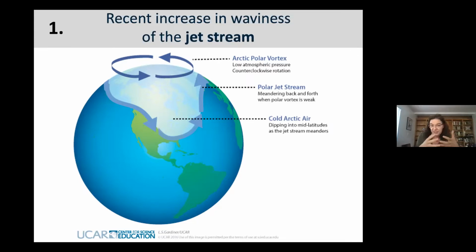We've been noticing these bigger waves, and these bigger waves create climate extremes, so that's why they're important. But not all data and not all model runs support this mechanism of anthropogenic climate change driving that waviness.